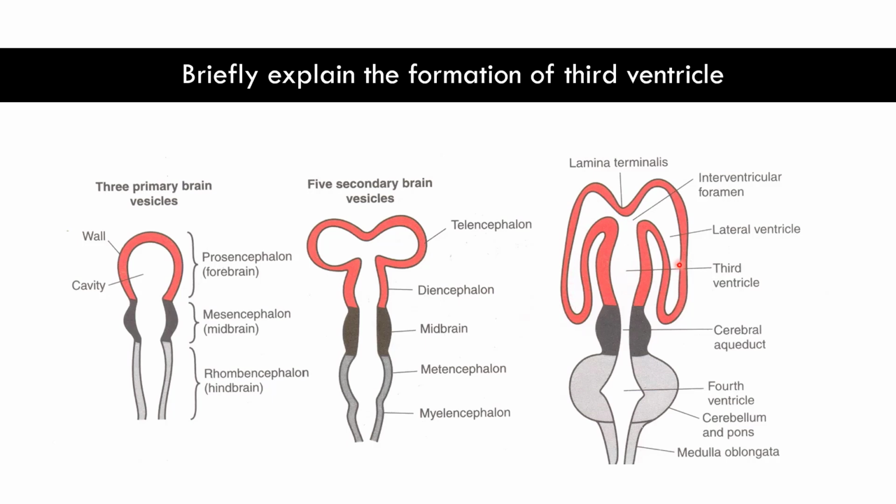So these are cavities in the telencephalon, the lateral ventricles, and this is the cavity in the diencephalon, which is the third ventricle. At the level of the midbrain, it is the aqueductus sylvius, and the fourth ventricle is formed within the rhombencephalon. The third ventricle is cranially communicating to two lateral ventricles and caudally to the aqueductus sylvius. Yes, it lies within the diencephalon.